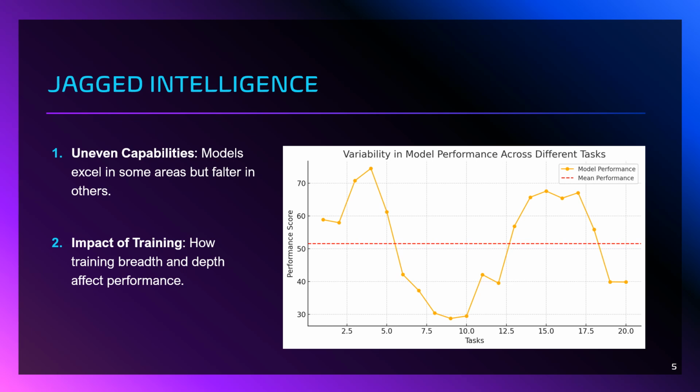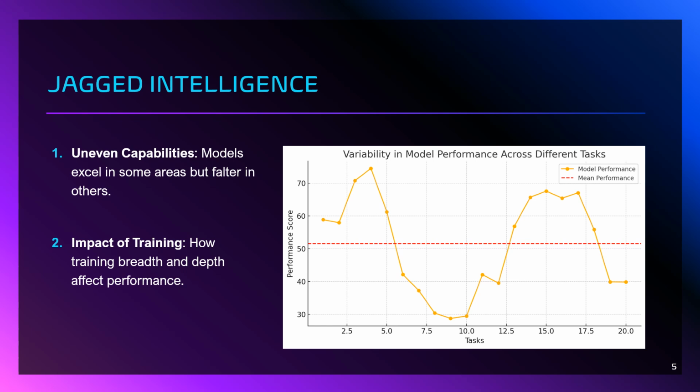Here on the right hand side, we have a chart. It's an estimated chart that shows the performance score and how it goes up and down. It shows how the performance of the AI model fluctuates, and it also has the task at the bottom of the graph.